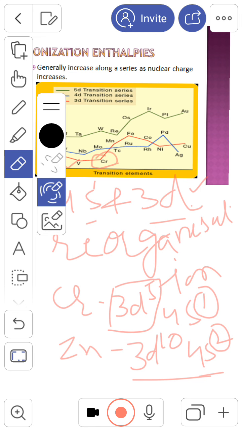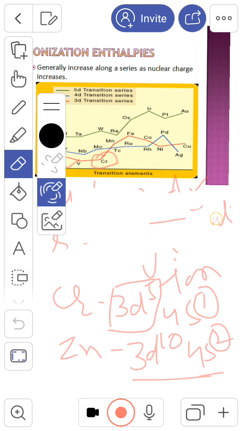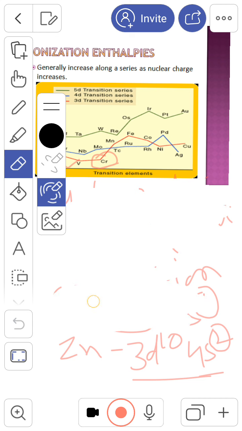Next, the first ionization enthalpies of zinc, cadmium and mercury are very high because of fully filled d orbitals as well as s orbitals, meaning they have stable configurations.